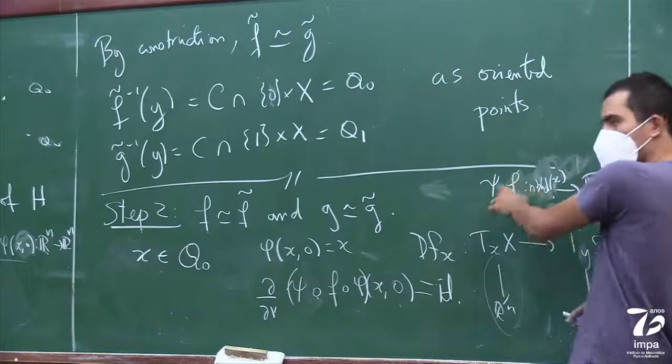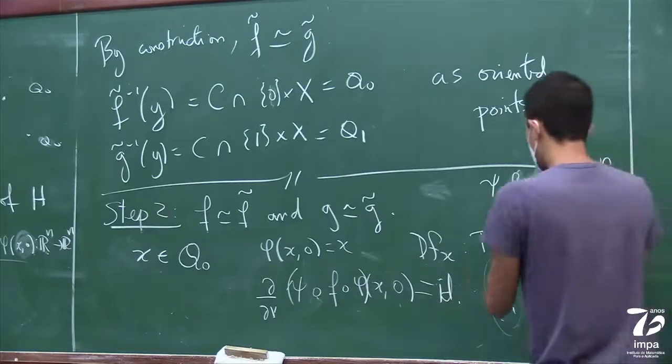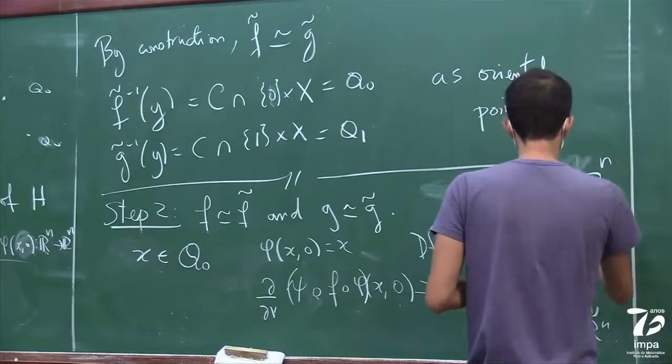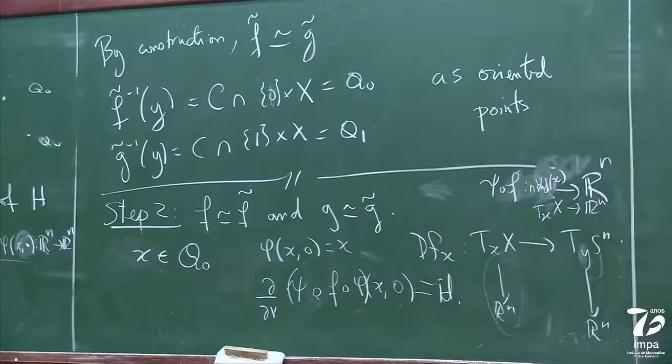So you can look at the derivative of this map. That's going to give you a map from Tx to Rn. So basically what I want is to choose the basis that comes from this derivative, that will make this the identity.